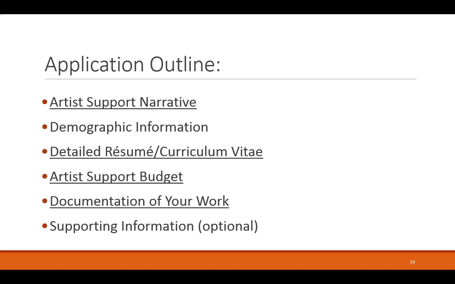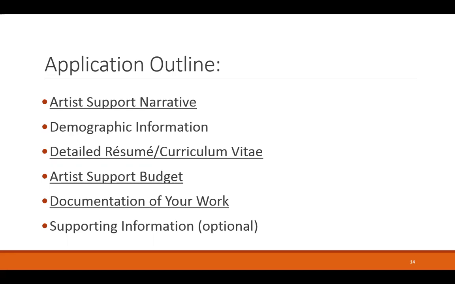So this is the application outline. Everything you see here is a headline of the thing that you're going to see when you log in to complete an application: the artist support narrative, demographic information, your detailed resume or a CV, an artist support budget, documentation of your work, and supporting information.